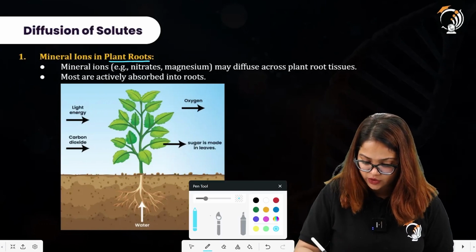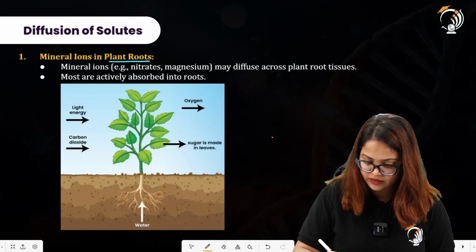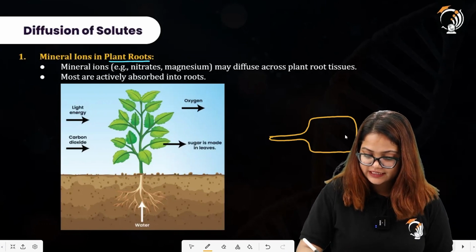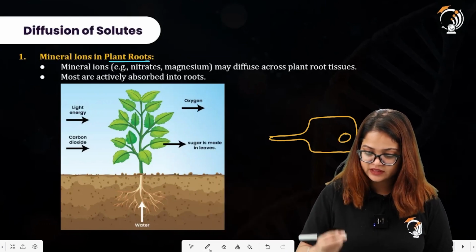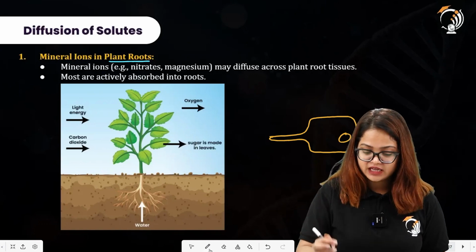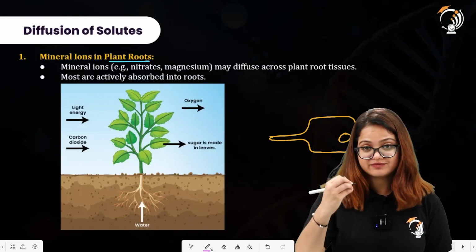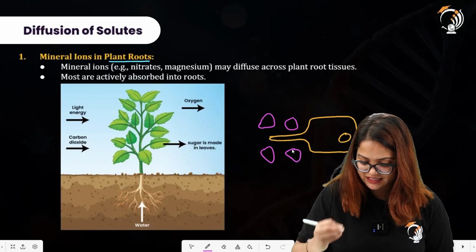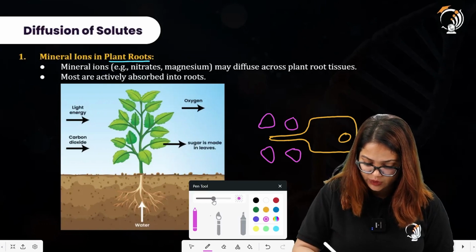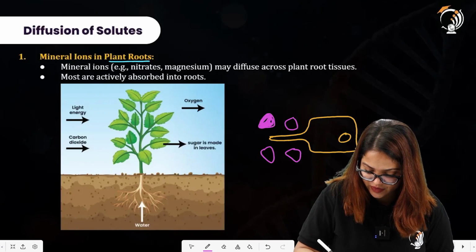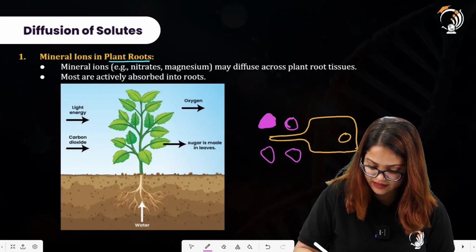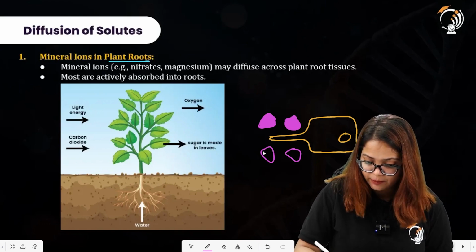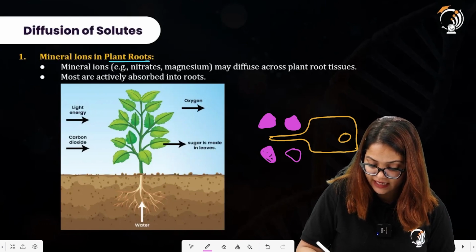Basically the root here that we have is the root hair cell. Let's assume that it does not have any mineral ions in it. We will use the pink color for the representation of soil particles around the root cell over here. We also had a discussion about particle uptake by root hair cells in the last chapter.